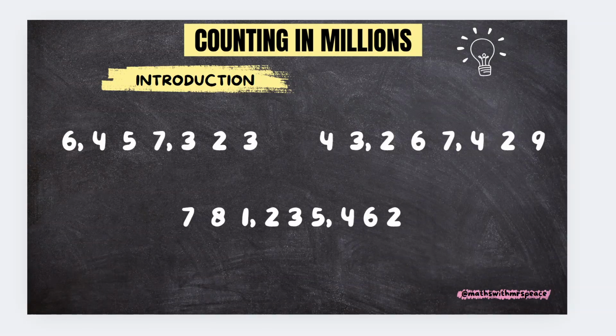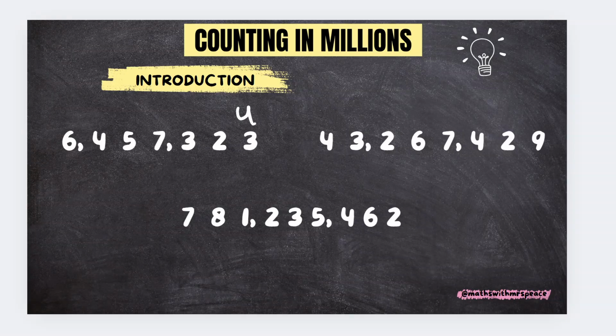Now let's begin by identifying the place values of the different numbers on our screen. We'll start with the first number, 6,457,323. We'll begin by writing the place value of each digit just above that digit. The place value of 3 is units.